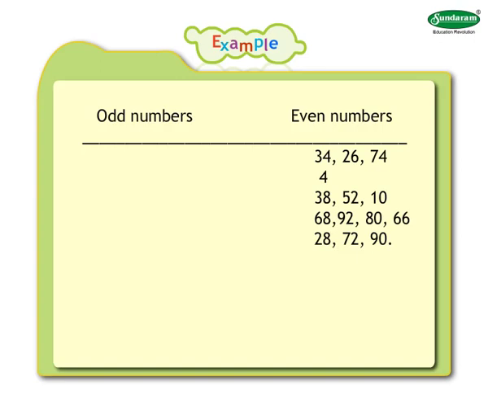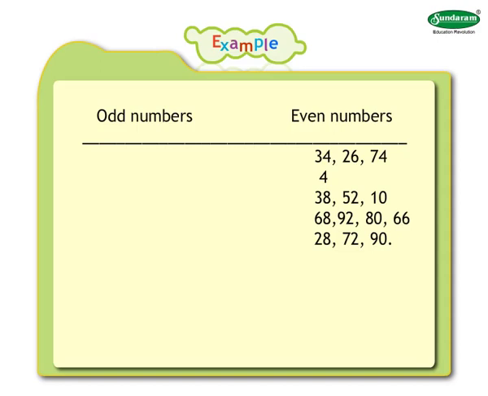Column wise, check that the remaining numbers have 1, 3, 5, 7 or 9 in their units place. Yes, they do.